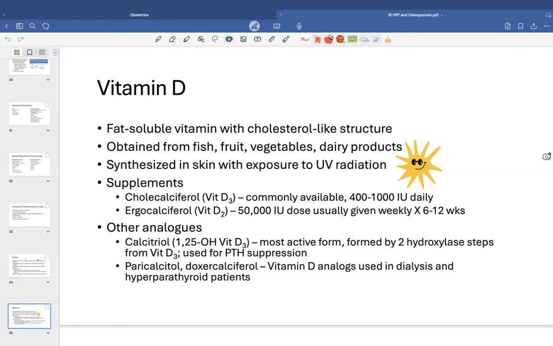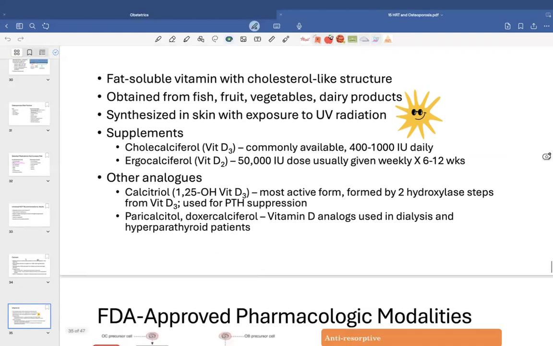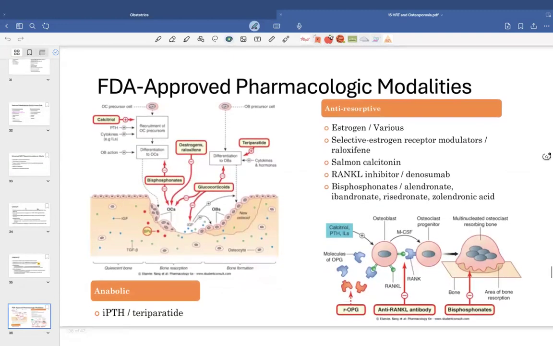All right, so really getting beyond calcium and vitamin D are the FDA-approved treatments for osteoporosis. They come in 2 broad categories. Either anabolics, which basically promote bone development, and we have just one agent, teriparatide, that is considered an anabolic bone-building treatment for osteoporosis.